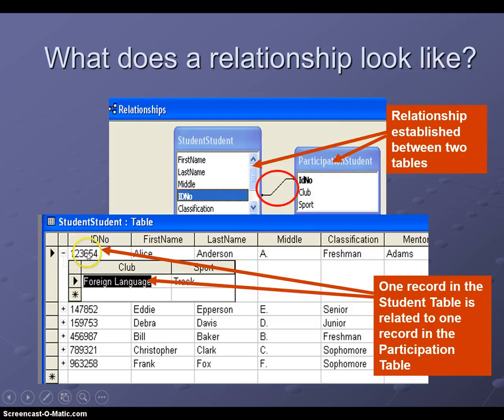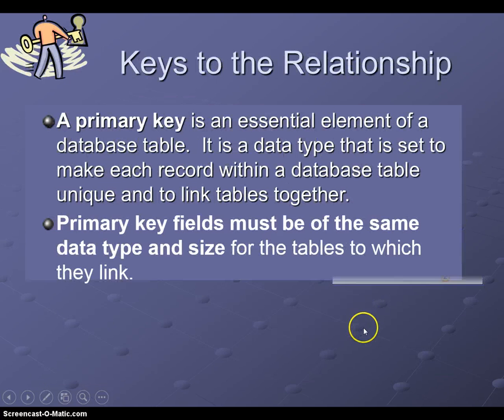So the way we read this tells me the ID number, the person's name. The ID number would be our primary key. Her first name is Alice Anderson. Her middle initial is A. Freshman. Mentor is Adams, and then it lets us know that she's in the foreign language club and that she runs track. So that's how you can read that.